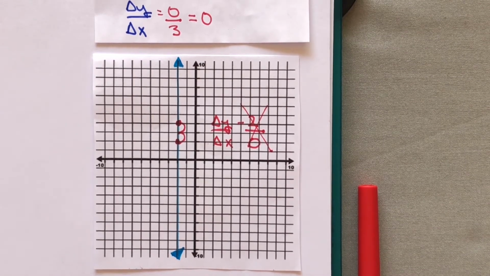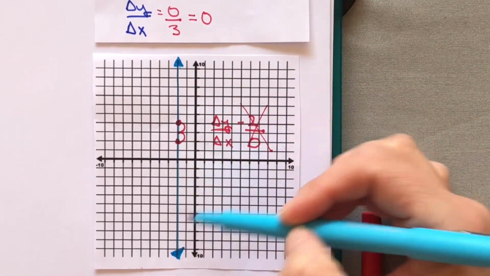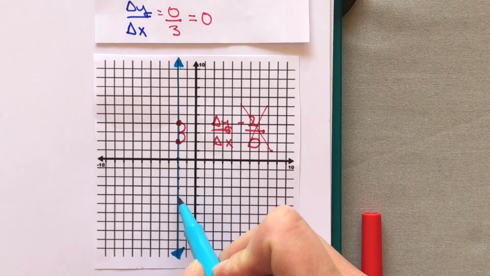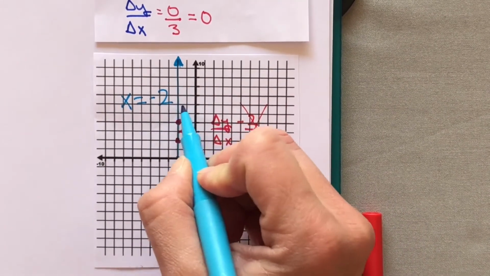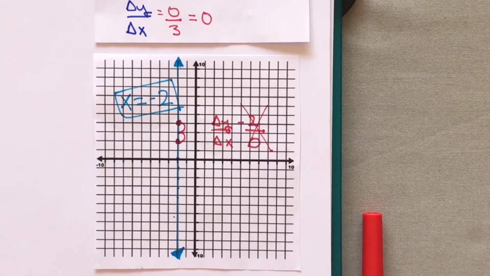If we look at the values here, we see that no matter where I go on the line, the value of x is always going to be -2. So we can describe this line as x equals -2, even though it is not in slope-intercept form.